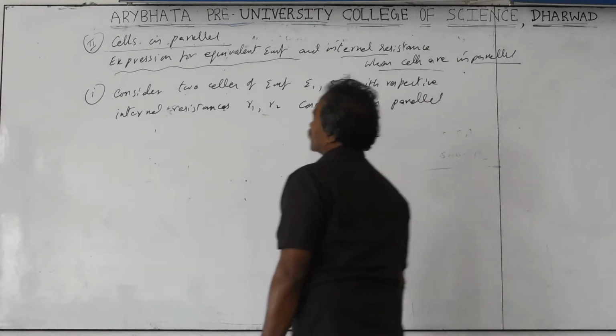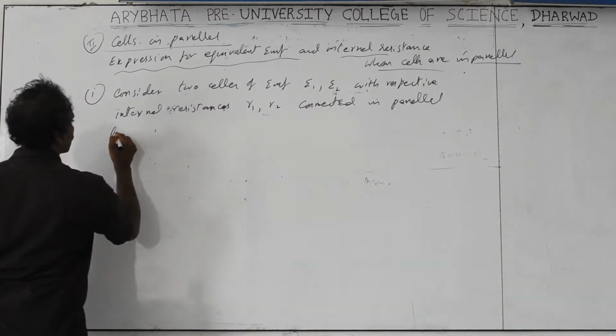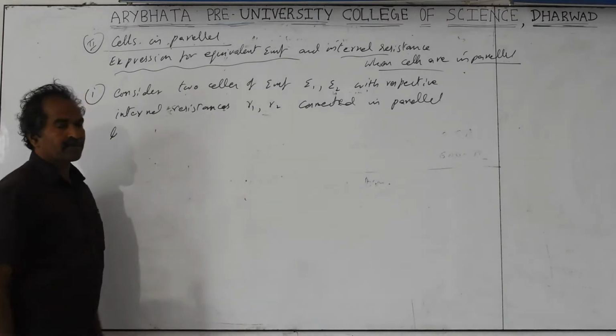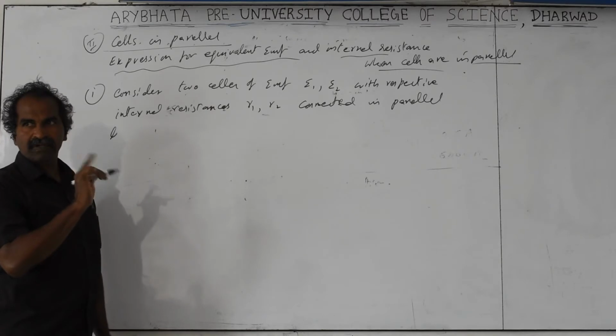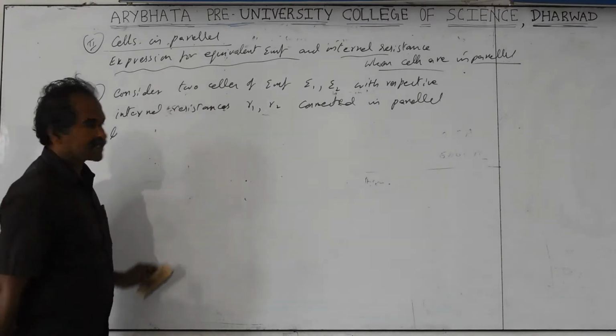Connected in parallel with an external resistance R. Two cases are there: EMF in the same direction, and EMF in the opposite direction also. So here, the first case is EMF in the same direction.